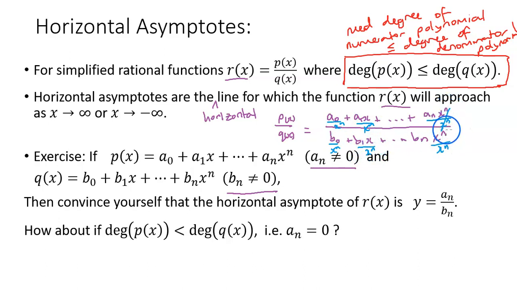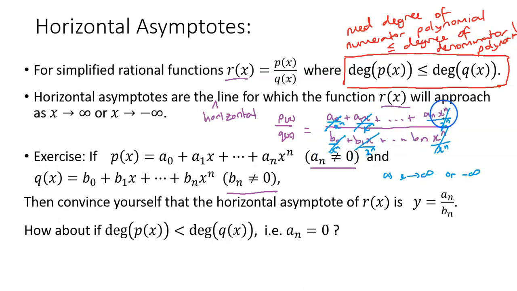Then we are left with only an and bn on top, and all of the other terms in the polynomials have a positive power of x as their denominator. And so that means that as x tends to infinity or negative infinity, all of these terms go to 0.